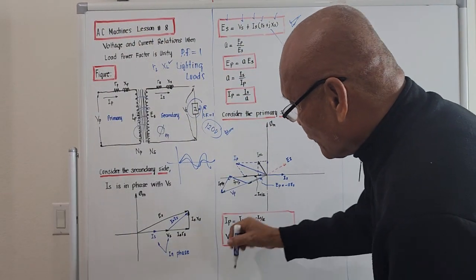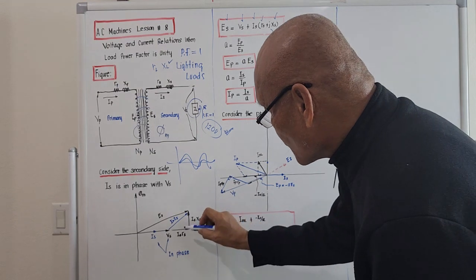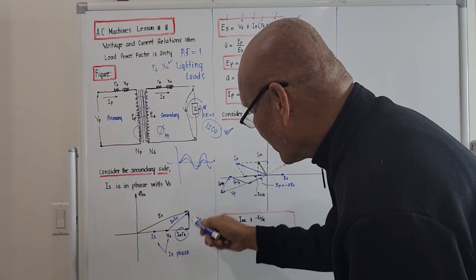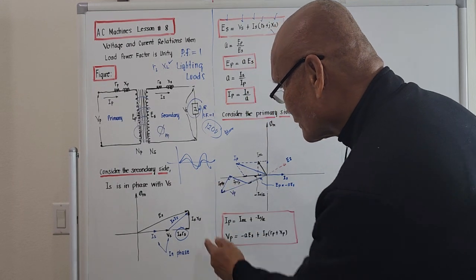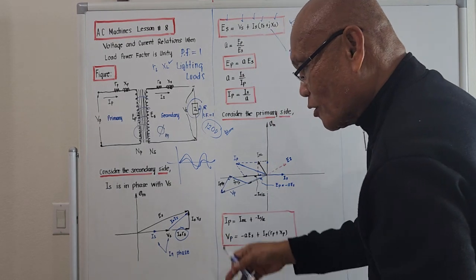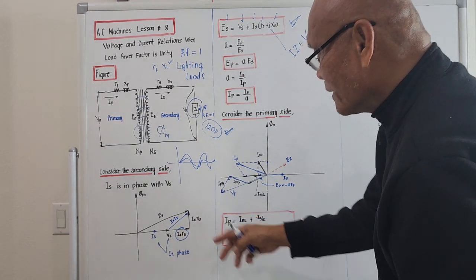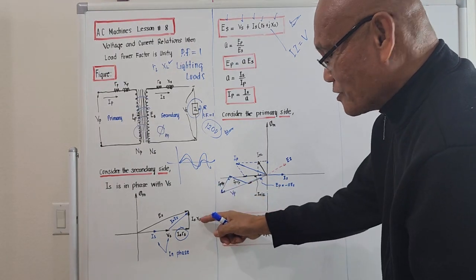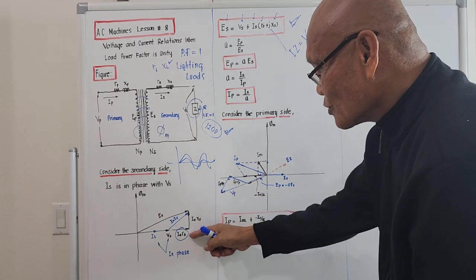Then we extend a little bit, and this will now be the product of ISRS. The voltage drop due to the resistance is actually in phase with B sub S. It is this. And the other component of the voltage drop is not in phase, because X sub S is the imaginary part. It goes up.